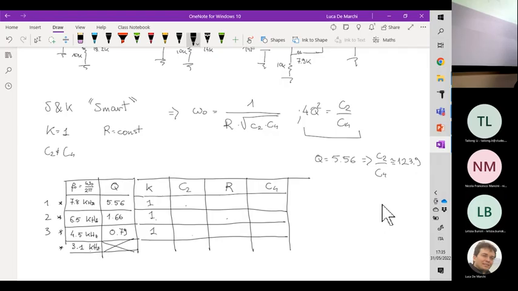Okay, so there is quite a huge difference between C2 and C4, but still this ratio is possible. So basically, we can select, for example, a C4 equal to 82 picofarads, and to comply with this requirement, C2 should be around 10 nanofarads.